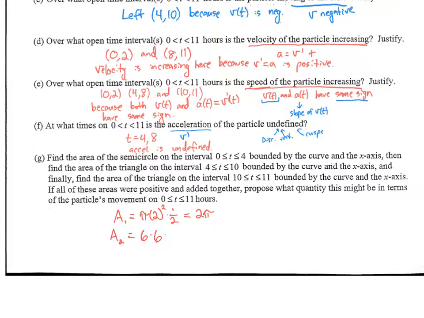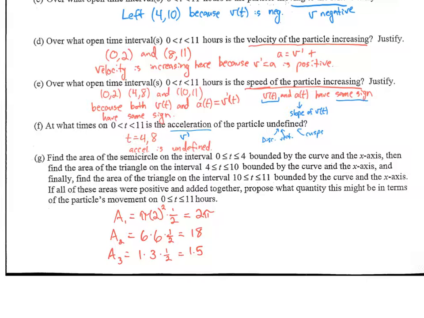And then we take half of that for a triangle, and we would end up with 6 times 6 is 36, half of that is 18. And A3 would be that last triangle from 10 to 11. And again, we've got a base of 1 and a height of 3, and multiply by 1/2. So that gives us 1.5.